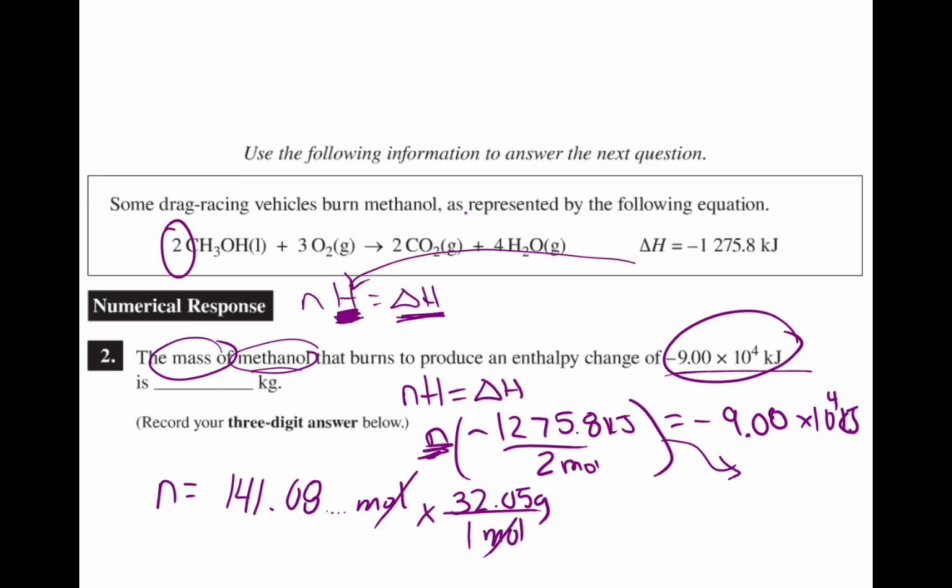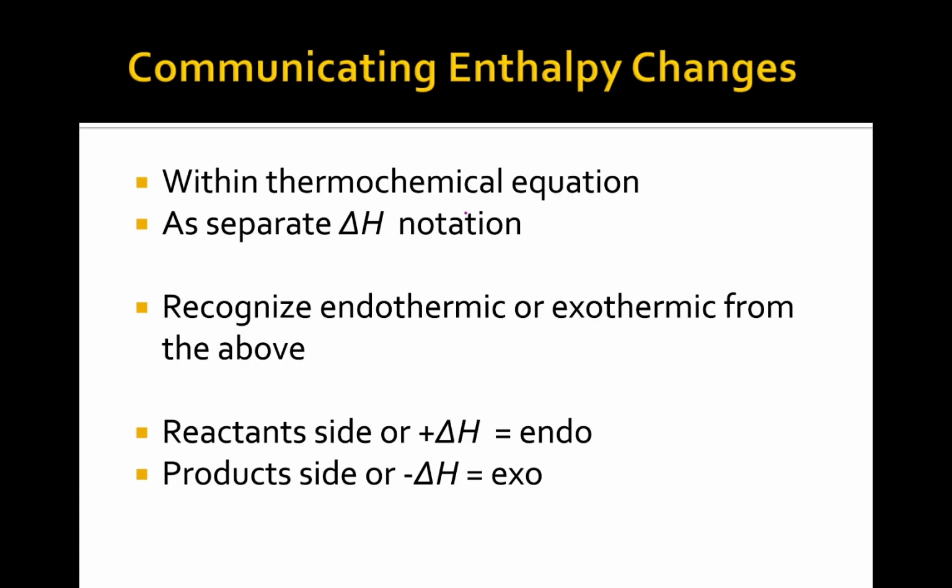This step gets moles to cancel, and you end up with a fairly large number, 4,521.8, but that value is in grams. And here your unit is kilojoules. So we'll take this value, divide it by 1,000, converting your grams into kilograms, and your final answer will be 4.52 kilograms.